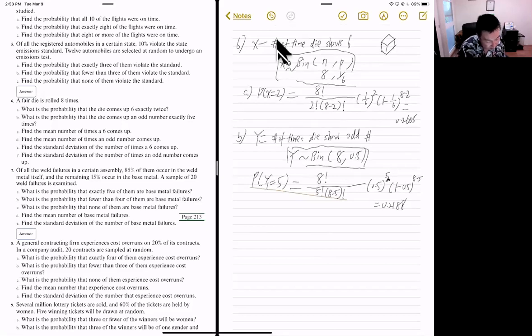Part C, find the mean number of times a 6 comes up. Okay, so they're asking for a mean value. And for the mean value of a binomial distribution, that is equal to NP. So mean equals NP. And N is 8, P is 1/6.